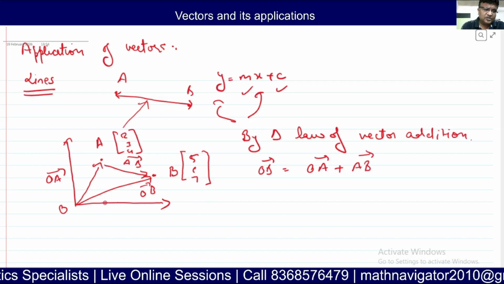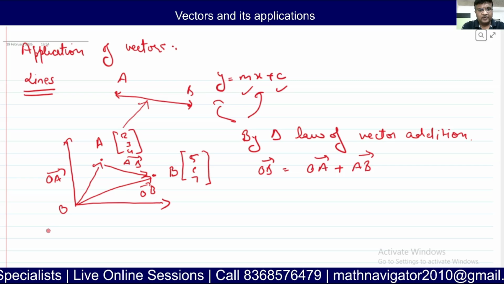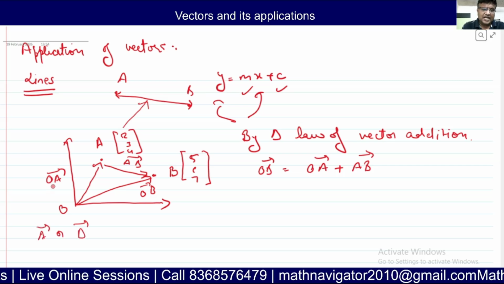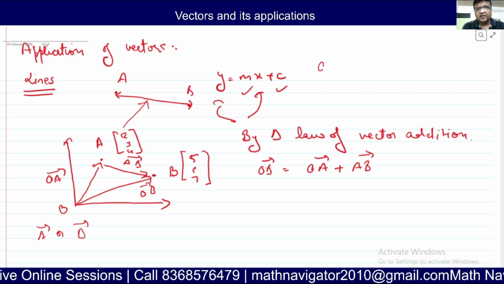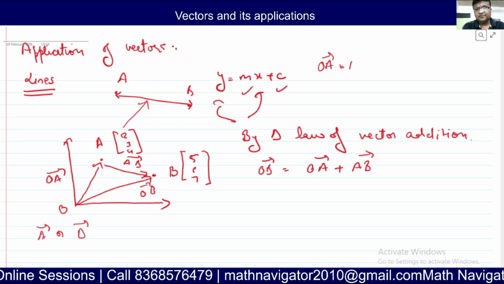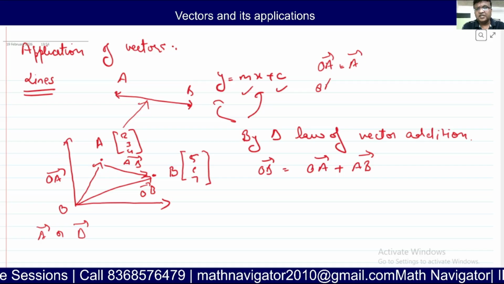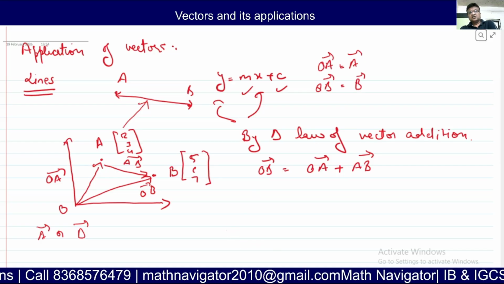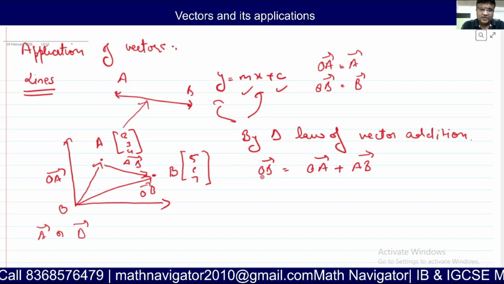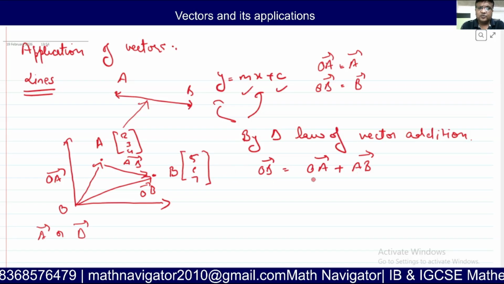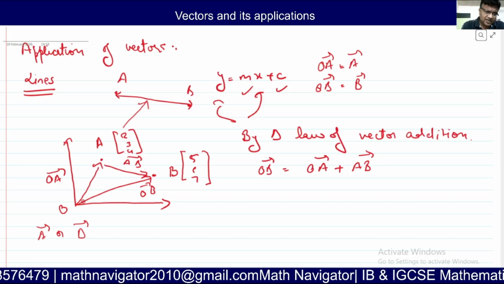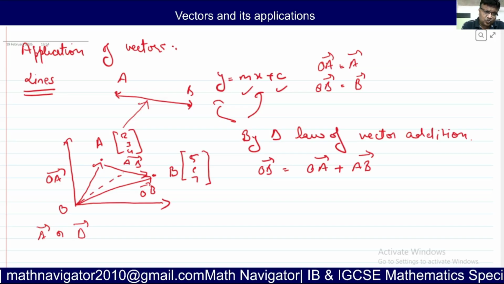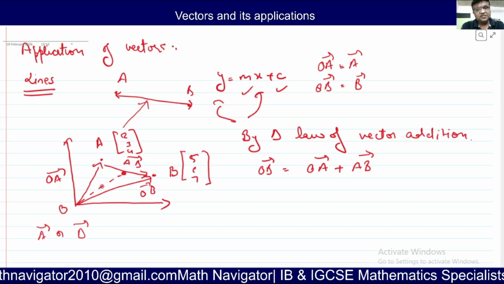See, normally in your books, you see vector A or vector B. In normal language, we call vector OA as vector A or vector OB as vector B. So here, vector OB is equal to vector OA plus vector AB. Now let me take a point here, a general point on the line.